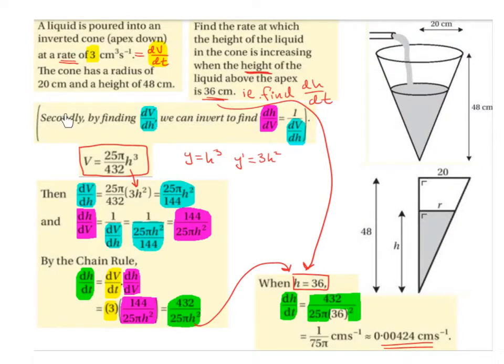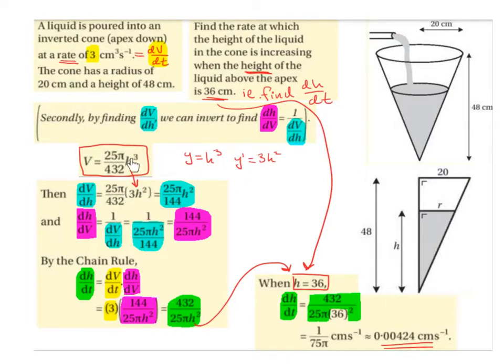So secondly, by finding dV/dh, we can invert to find dh/dV, which is what we really want, which is equal to 1 over dV/dh. So in the previous slide, we worked out that the volume in terms of h is 25 pi over 432 h cubed. So dV/dh is going to be 25 pi over 432, so we take the constant outside, multiplied by 3h squared.